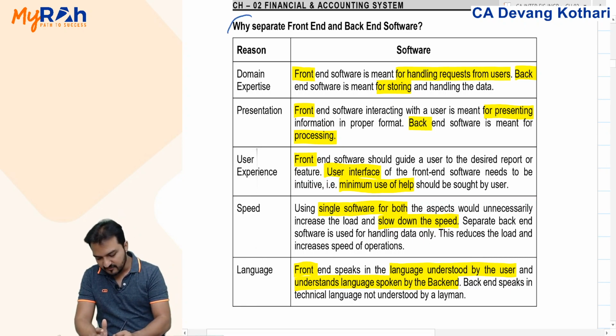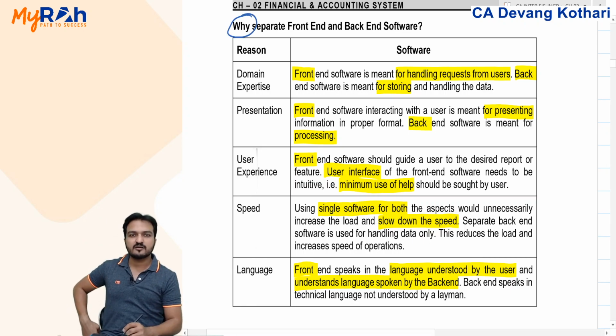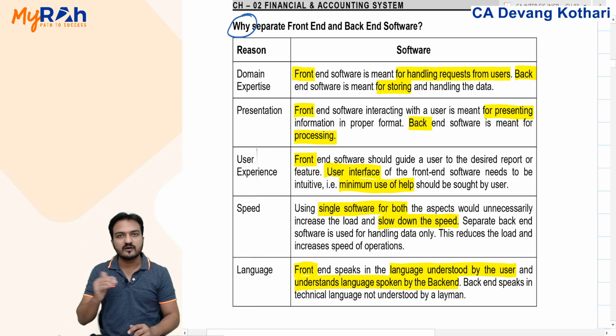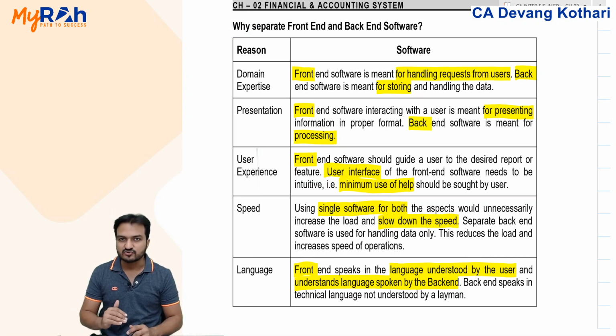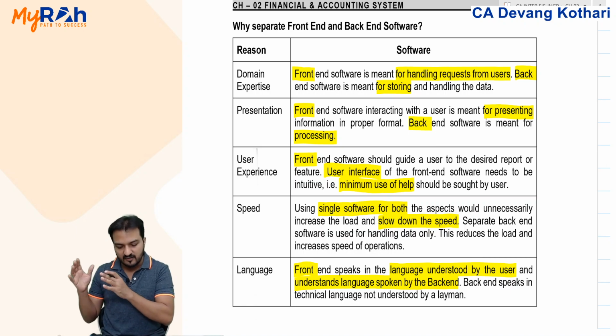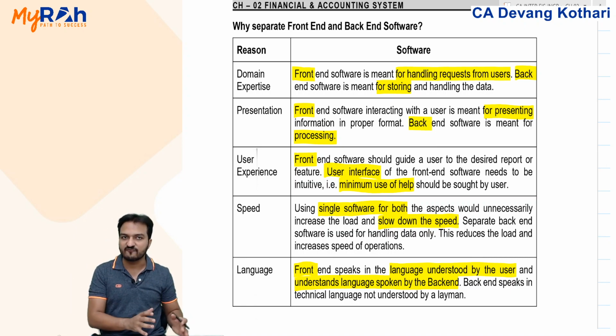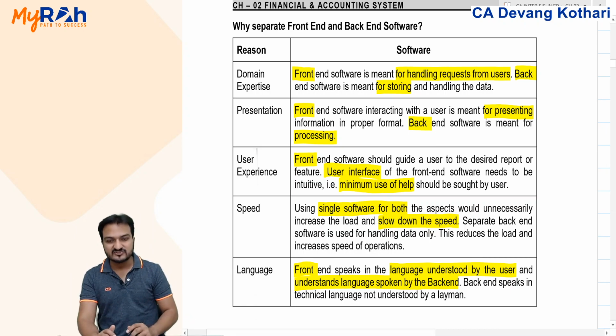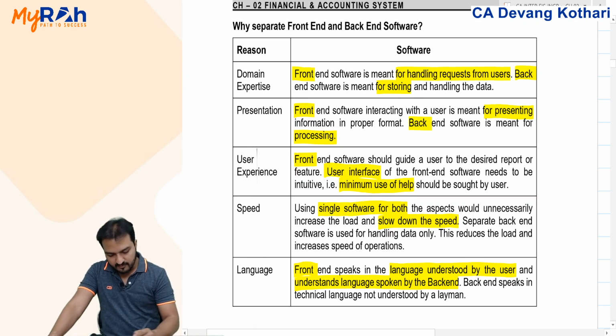Now there are some reasons given why it is beneficial to separate front-end and back-end software. First, domain expertise. Front-end software is expert in handling requests from the user, while back-end software is for storing the data.